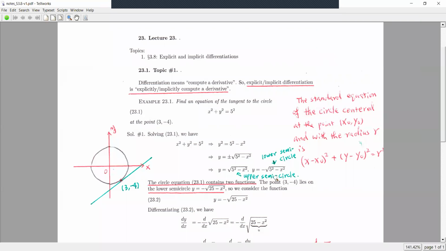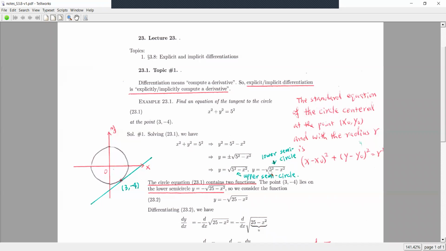This function is not a product, not a function times another function. So we cannot use the product formula to compute the derivative of this function. This function is not a quotient either, not a function over another function. So we cannot use the quotient formula to compute the derivative of this function.